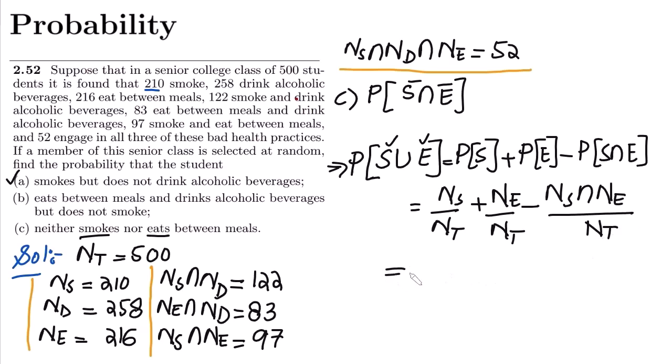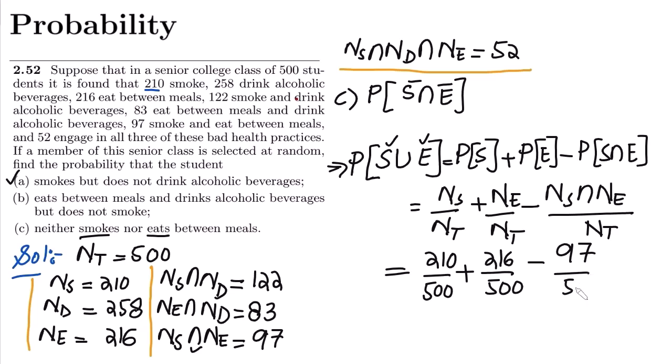Okay, so now let me write their values. So N of S is how much? That is 210 divided by 500, plus N of E is how much? That is 216 divided by 500. Do I know the value of N of S and E? That is already given here, and that is 97 divided by 500.